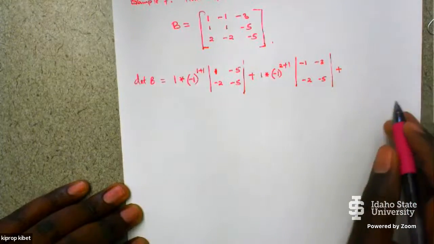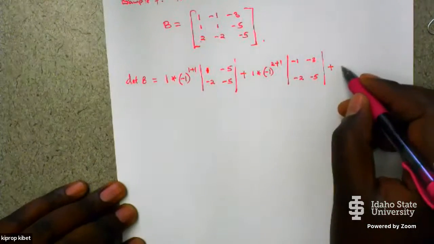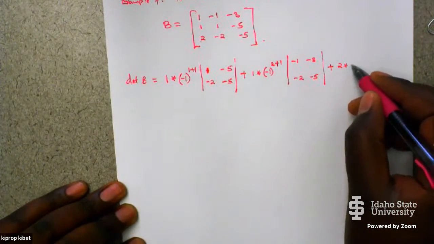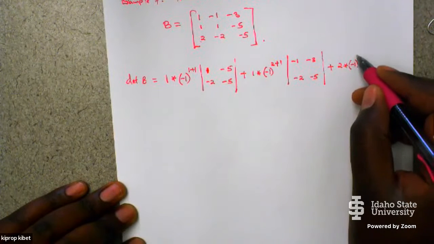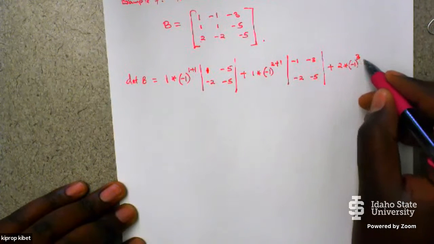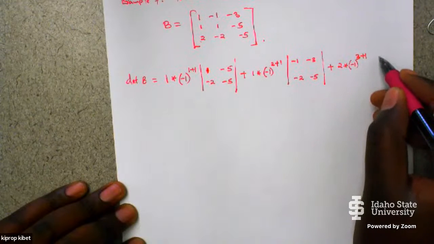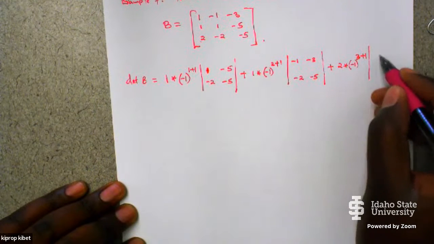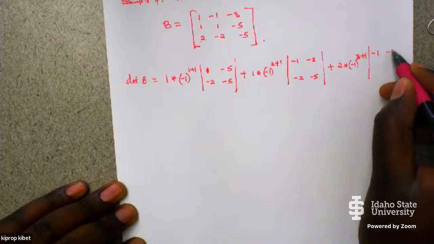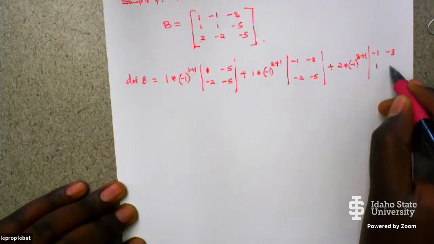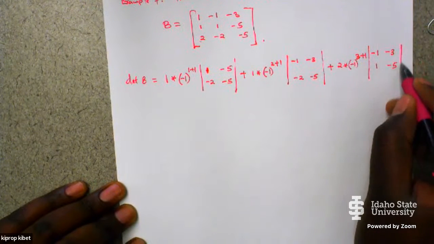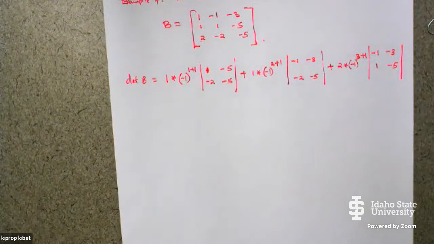Plus, we take this 2 here, 2 multiplied by -1 to the power 3 plus 1, deleting the third row and the first column, times the determinant of [-1, -3; 1, -5].